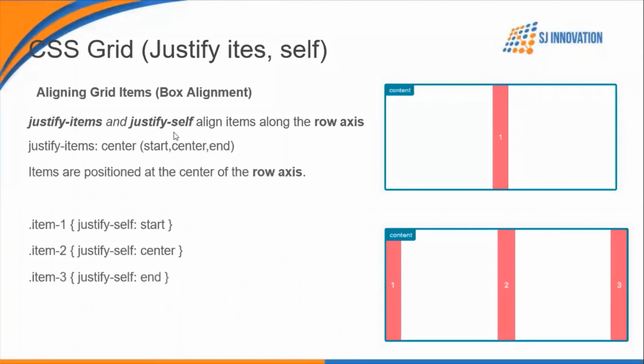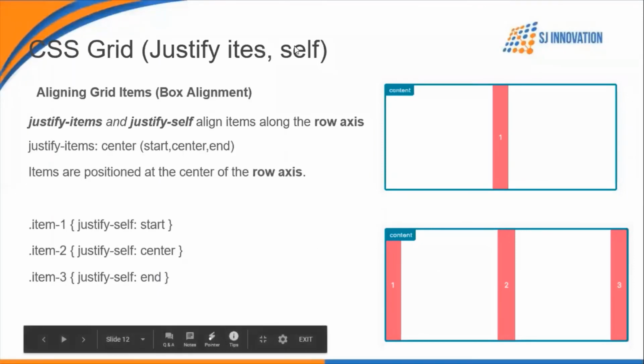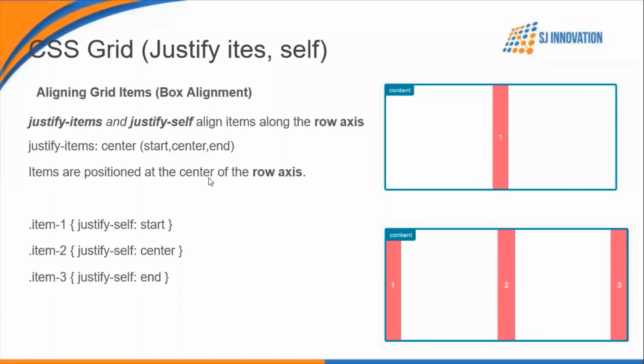Yeah, CSS Grid justify items and self. Basically we know that in Flexbox as well we used justify items and self. Justify items and justify self work with the row axis. So if we want to keep the items in the middle or end or start, we can do it by justify items.